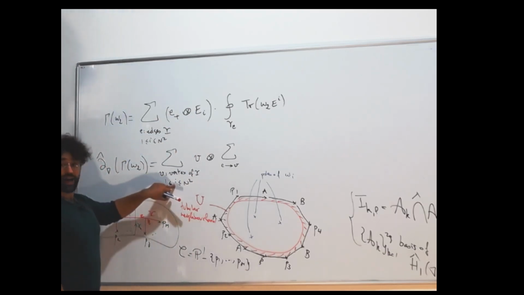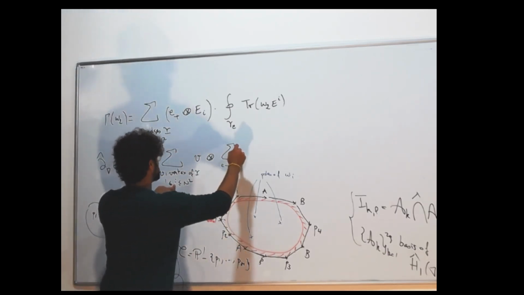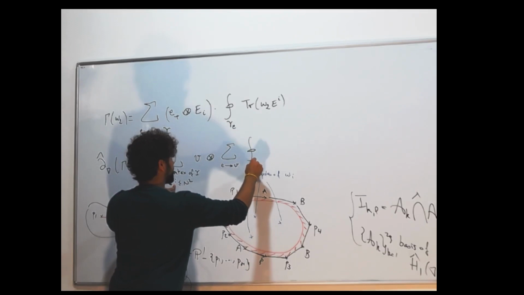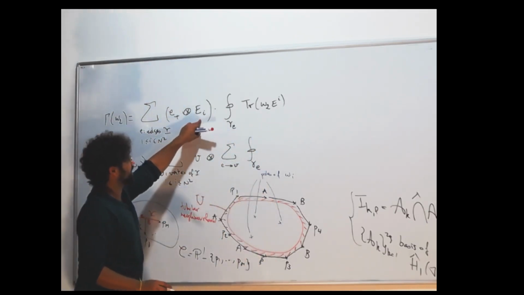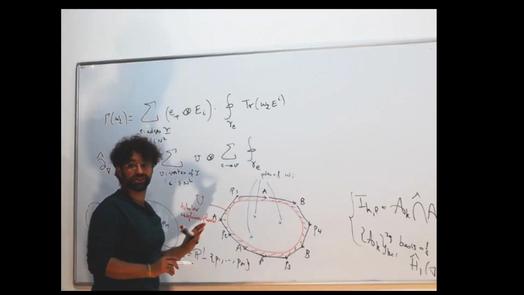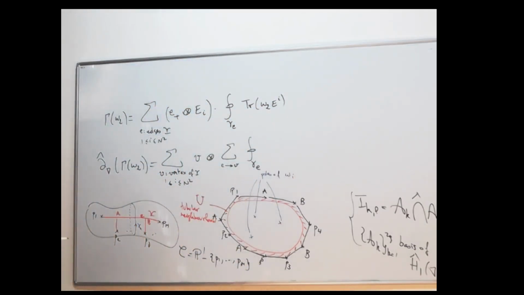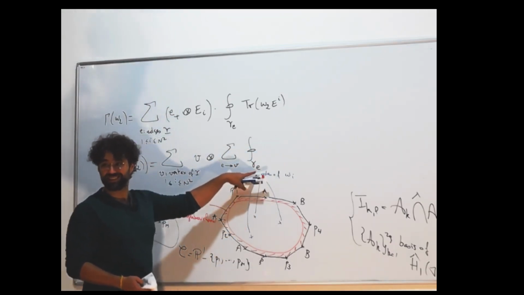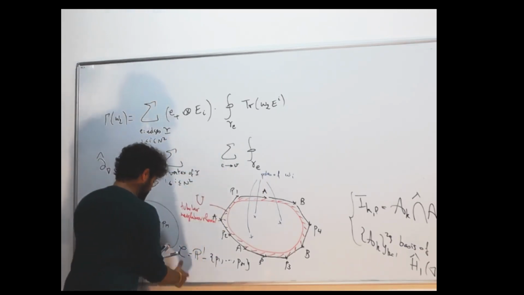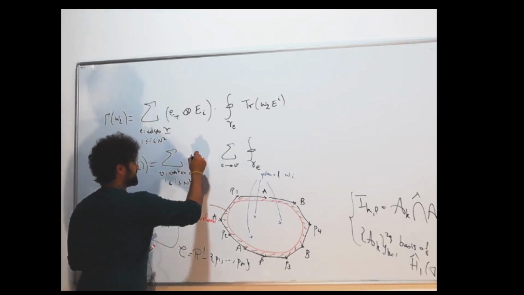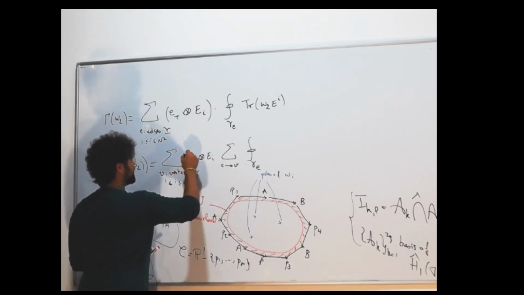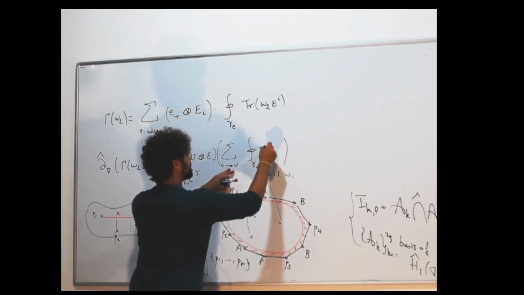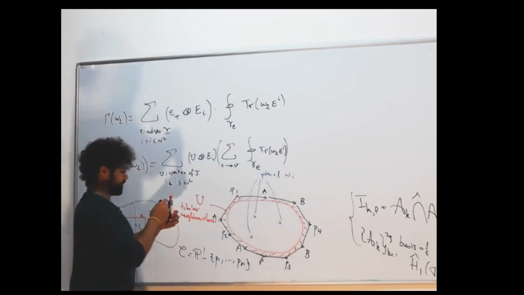Now you have this sum over I. So this is the integral of gamma E, and you have this sum over I of EI trace omega 2 EI, and this is just omega 2. It's very tempting to write omega 2 here, but this is a chain on the base and not a generalized form. So let's write it this way: V tensor EI, weighted by this number, which is the sum of trace omega 2 EI.